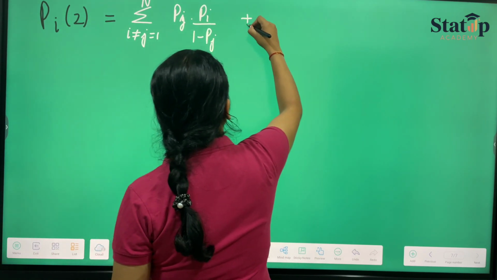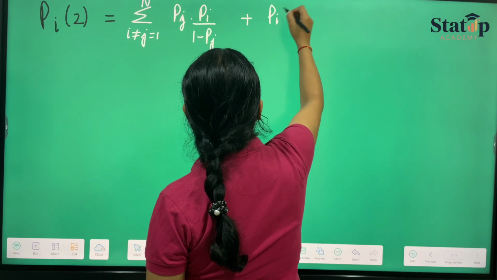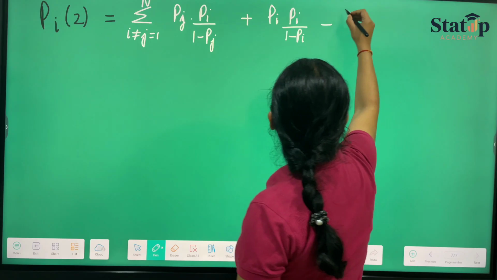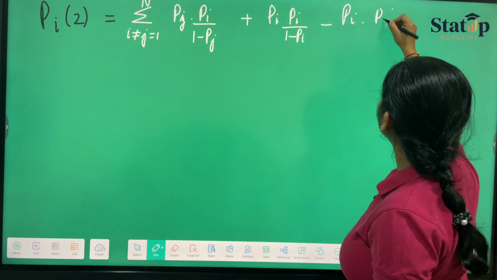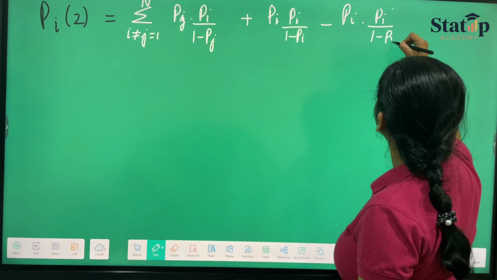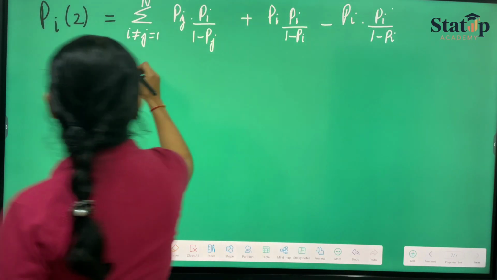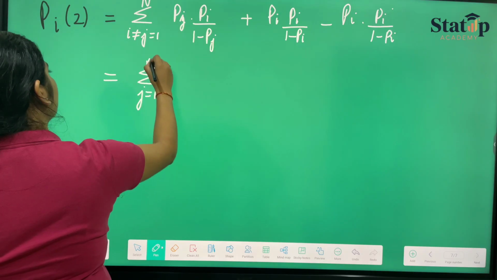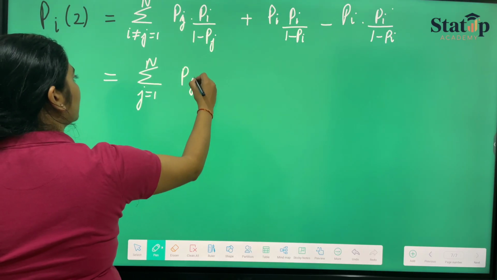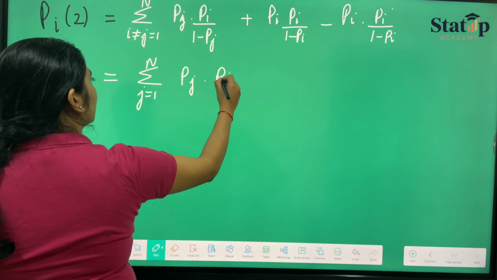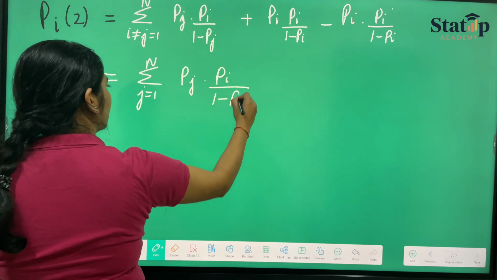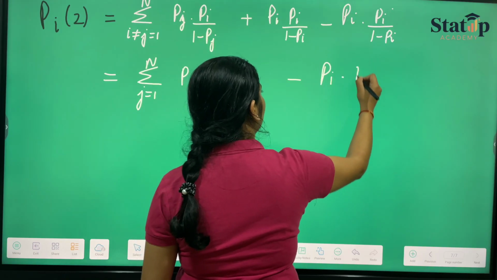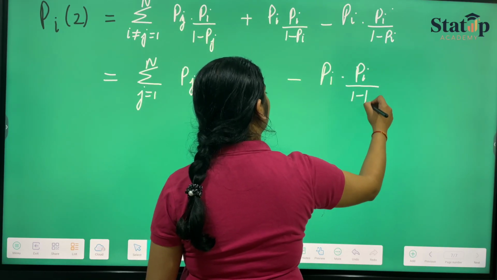Let us add and subtract pi upon 1 minus pi, that is, pi into pi upon 1 minus pi. If we take this inside the summation, we'll get summation j goes from 1 to n of pj into pi upon 1 minus pj, minus pi into pi upon 1 minus pi.